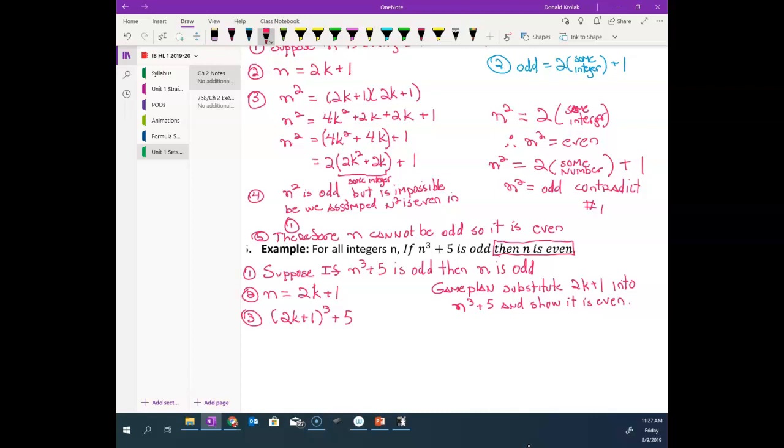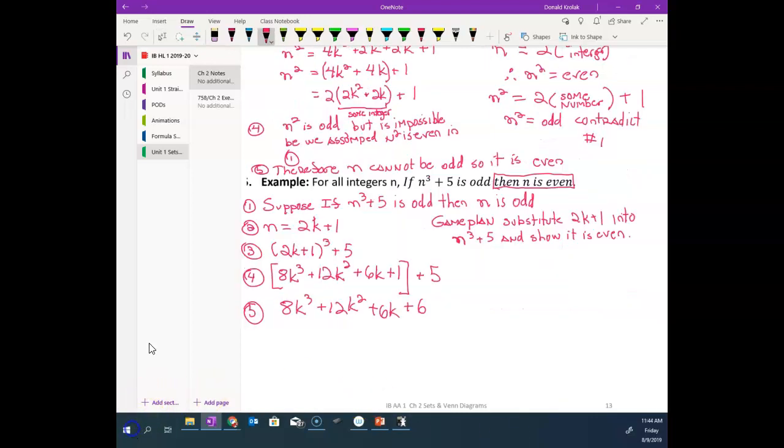All right, now to expand a number. Okay, so we've expanded this binomial here. So that's this right here. If you took 2k plus 1 times 2k plus 1 times 2k plus 1. So that's what we did on another sheet.